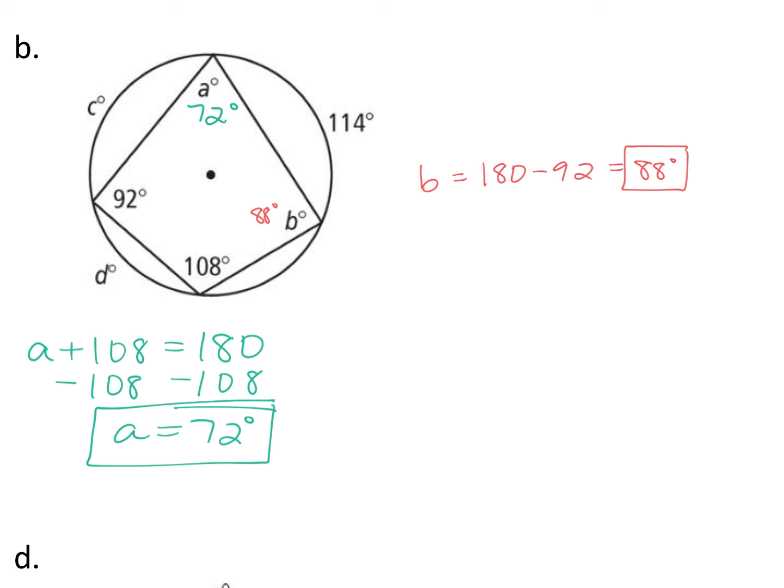How would you solve for C? You could double B, but we don't know D, right? So you double 92, and then you subtract 114 from that.